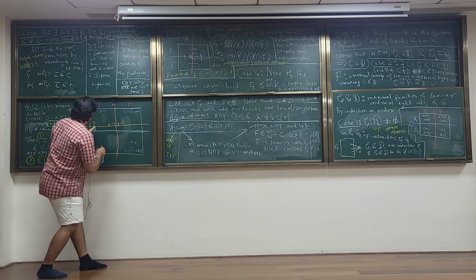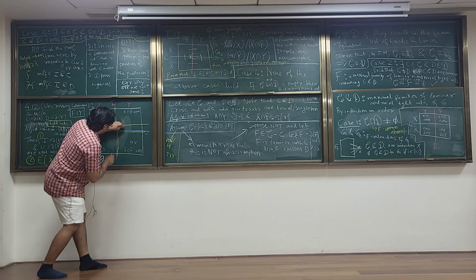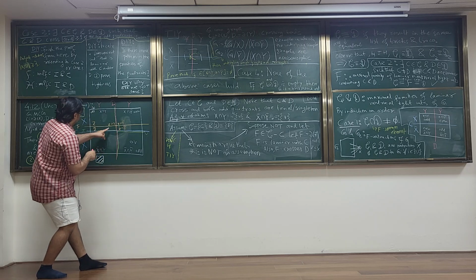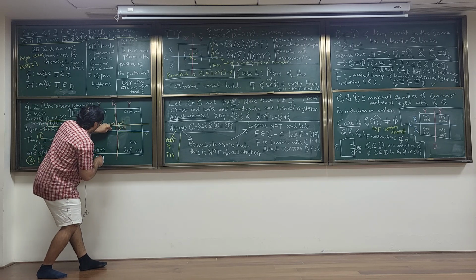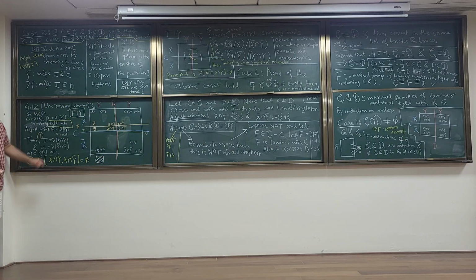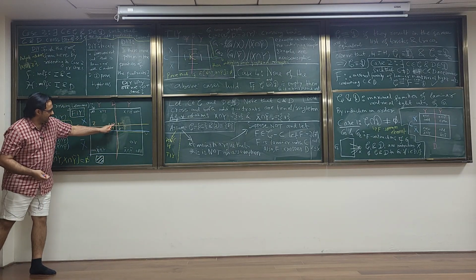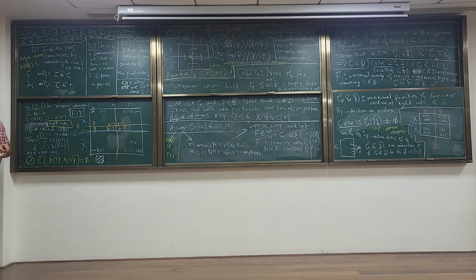This part here is Z bar intersection Y bar. And this part here is Z bar intersection Y. Everybody agrees? These are the 4 quadrants I see when I intersect the pink line with the orange line. Now I want to basically say there is a contradiction.